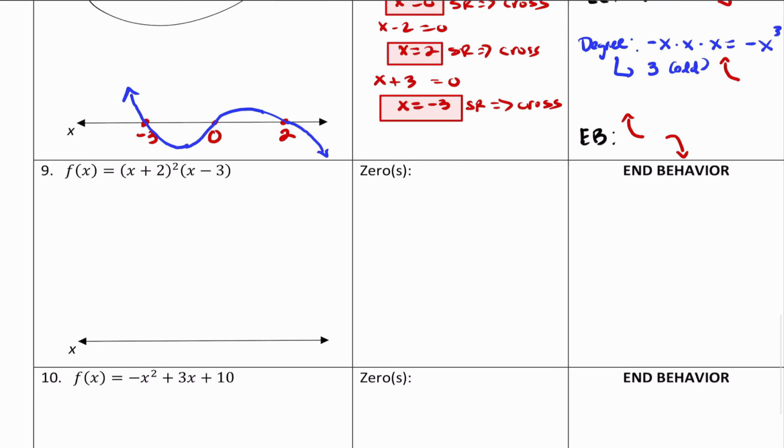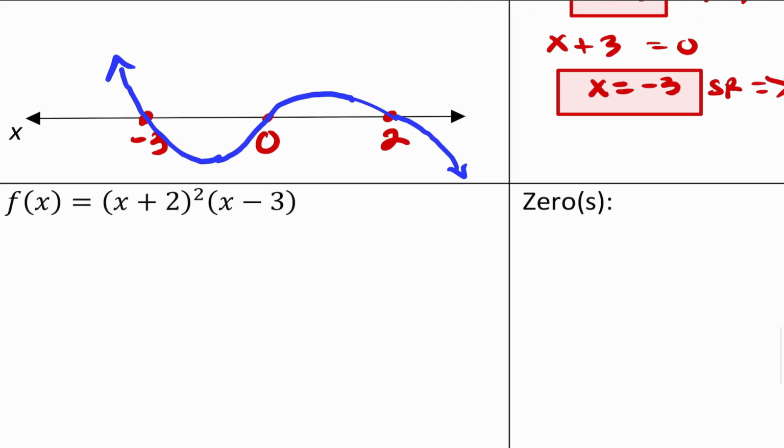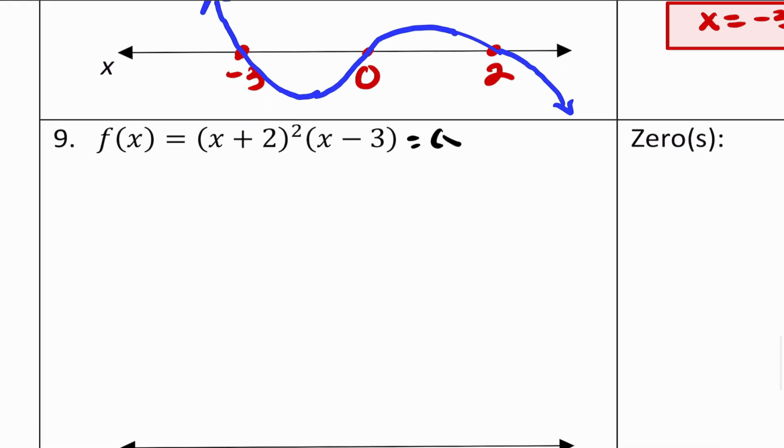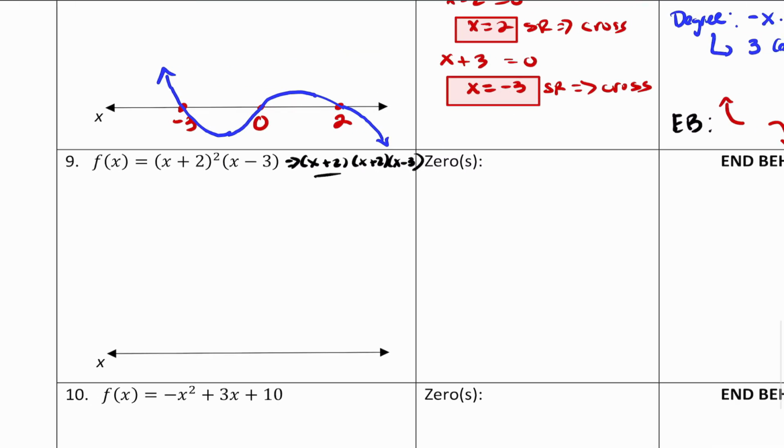Now number 9, we have f of x is equal to x plus 2 quantity squared times x minus 3. So I'm just going to rewrite this as x plus 2 times x plus 2 times x minus 3. Okay, so these are the things I'm going to be focusing on. I have x plus 2 equals 0, x plus 2 equals 0, and x minus 3 equal to 0.